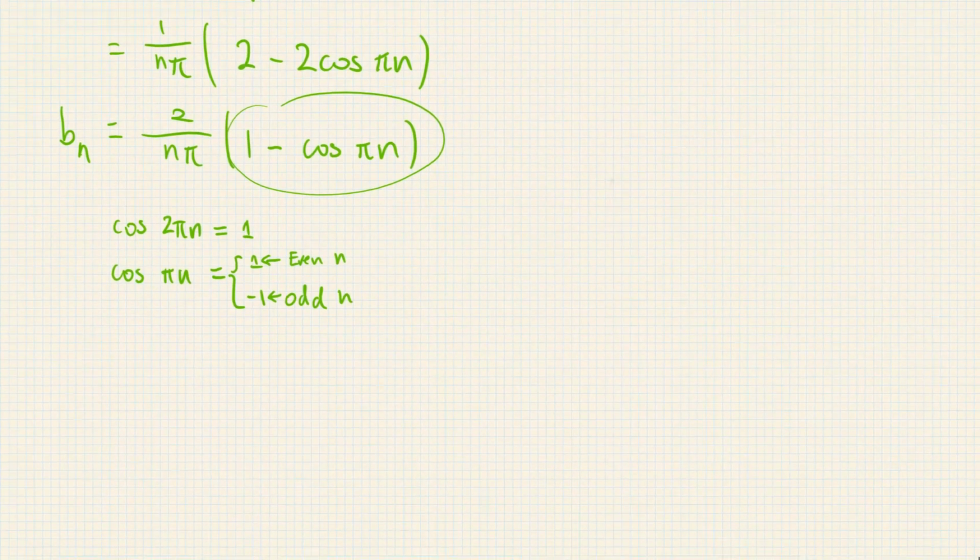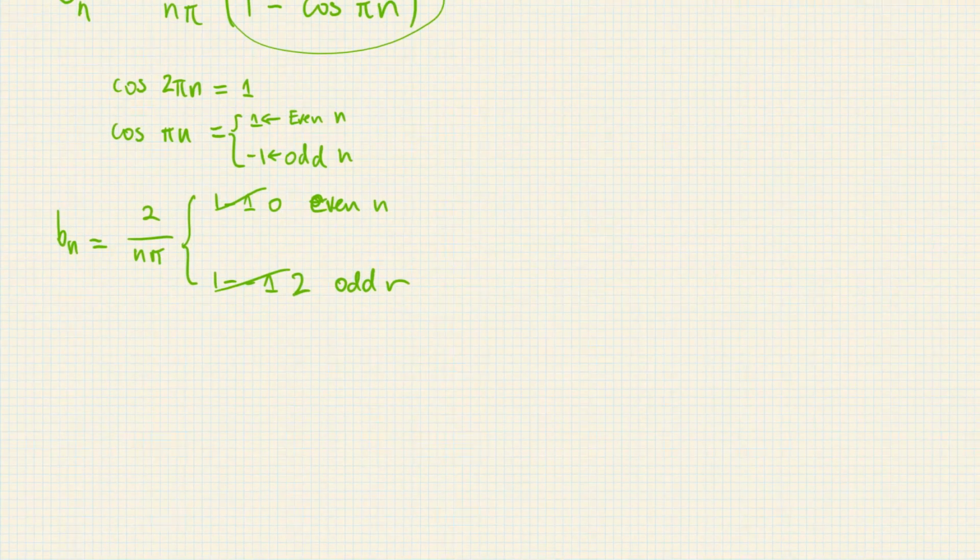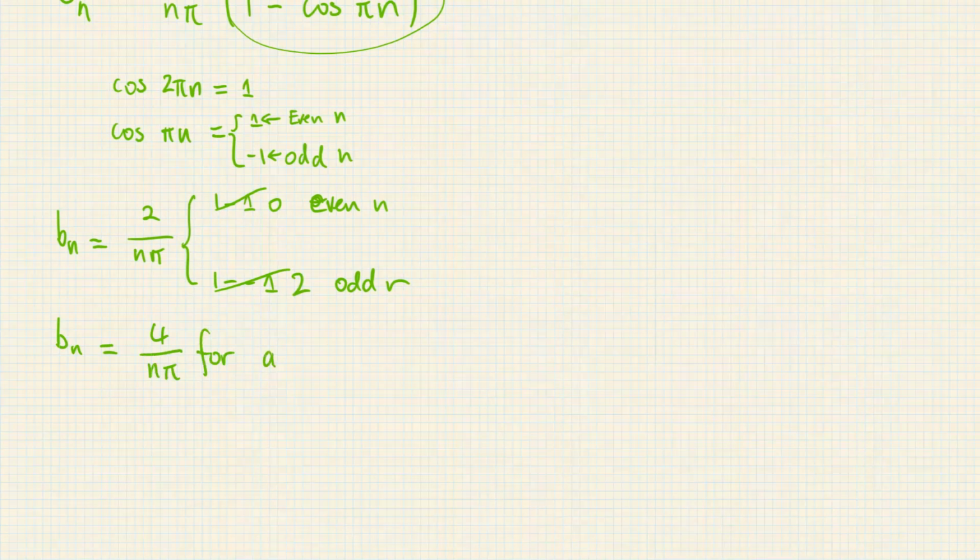So let's plug that in. So this is for even n, 1 minus 1, that's 0 for even n. And 1 minus negative 1 is 2 for odd n. So b sub n is equal to 4 over n pi for all odd n.